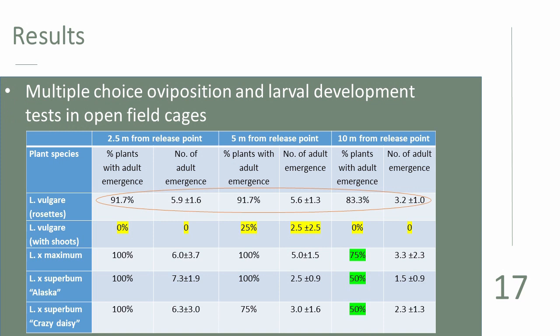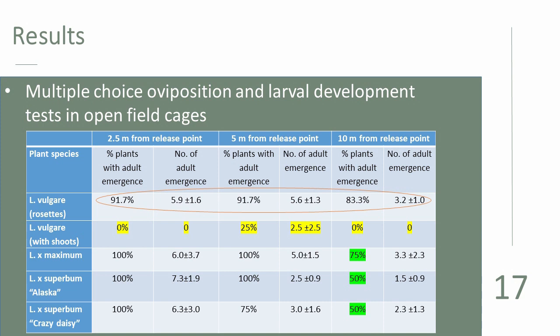The last result, from multiple choice oviposition and larval development tests in open field cage, shows that Leucanthemum vulgare, or oxeye, without rosette was less likely to be attacked by C. trisulcatus. We can see here in the yellow highlight.